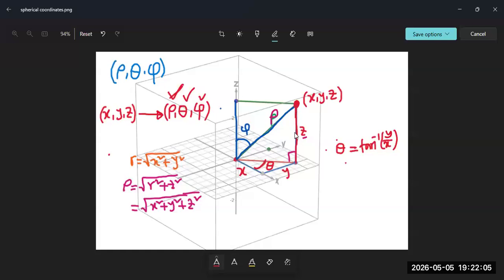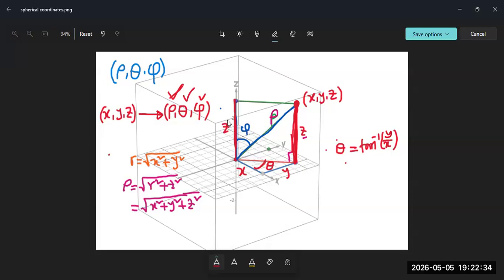Since this particular height is z, this length is also z, because this is the height from the xy plane to that point, and here too we are considering the particular height along the z axis from the xy plane. So in this case, this height is also z.